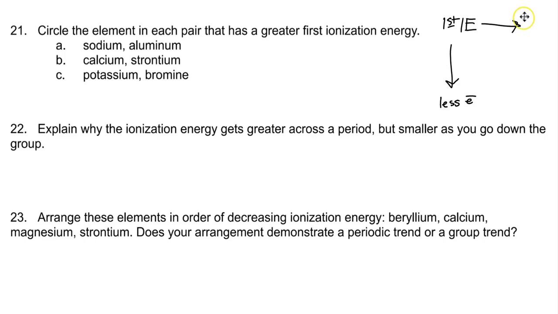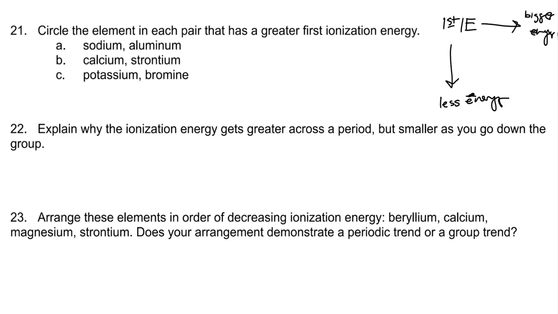Going left to right, the first ionization energy is going to get bigger, so more energy. Why? And this should say energy, not electrons. Energy. Okay? So it takes more energy as you go across. Why? Well, once again, you're getting closer to that magic number. You're getting closer to the octet. You also have a larger centralized positive charge. That Zeff is getting bigger as you go across. So more protons, stronger pull.